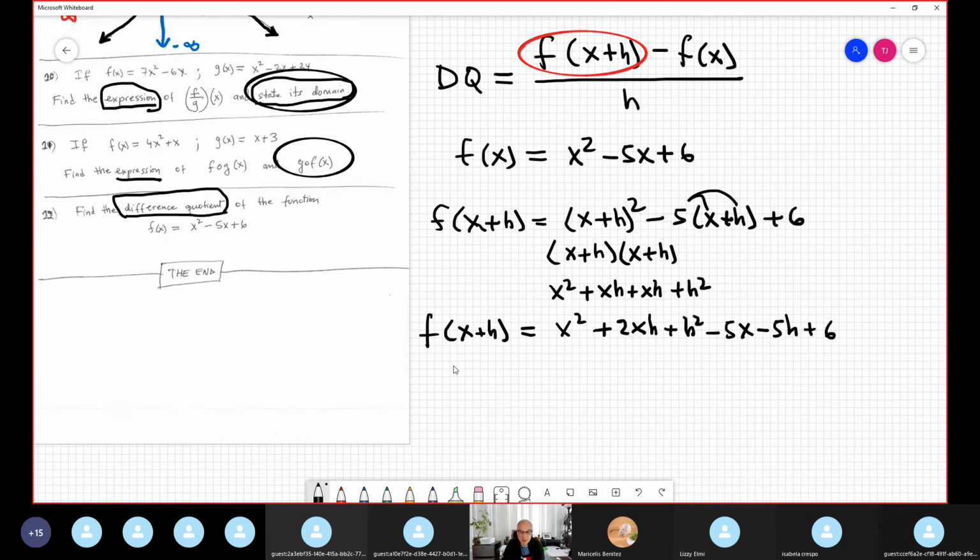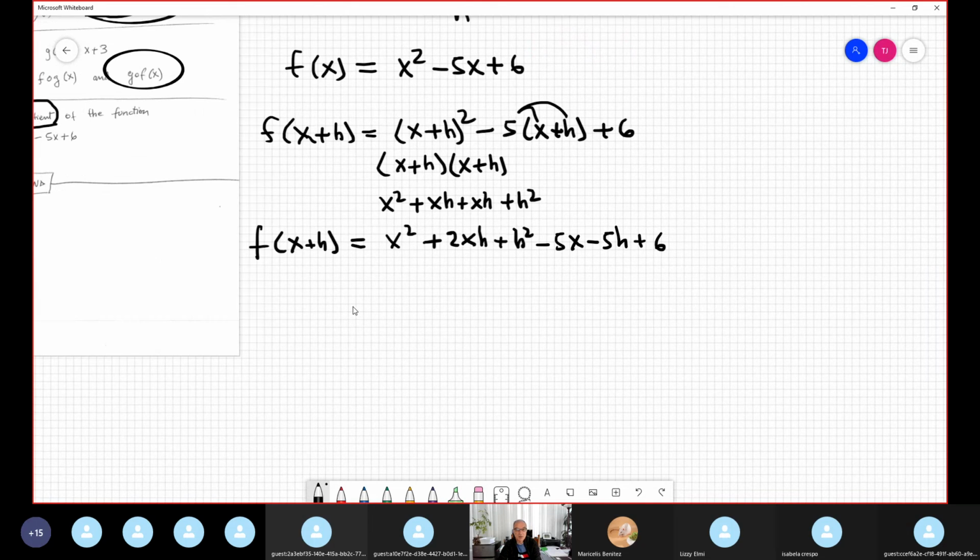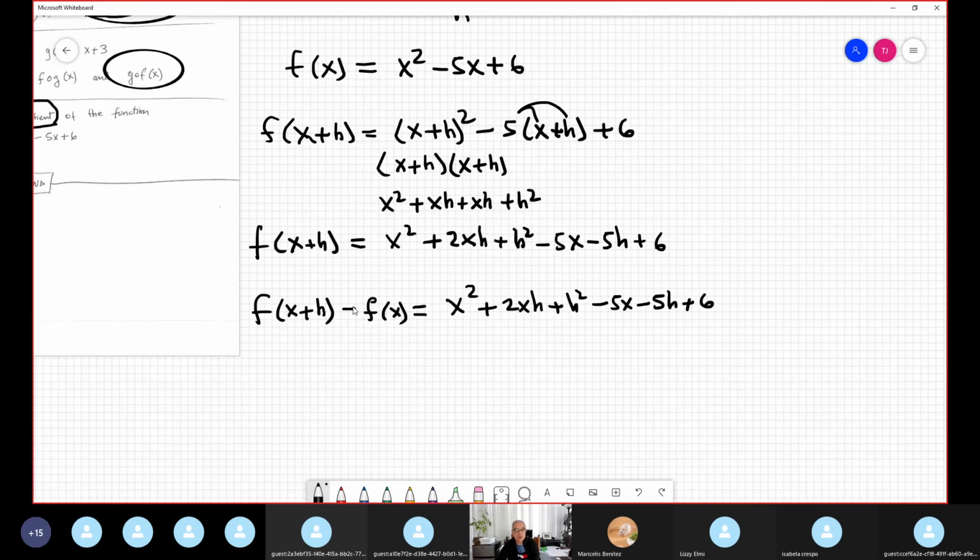Okay, now subtracting the original. The formula says f of x plus h minus f of x. In other words, you copy exactly the same of these. And subtracting the original is this. There are too many ways to write that. You put negative, x squared minus 5x plus 6. Okay, this negative obviously affects everything inside the parentheses.